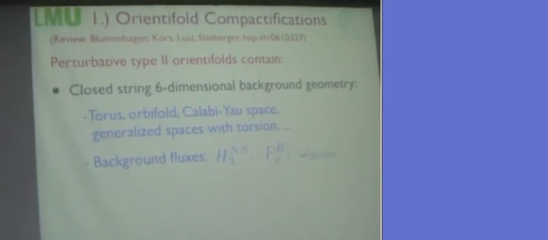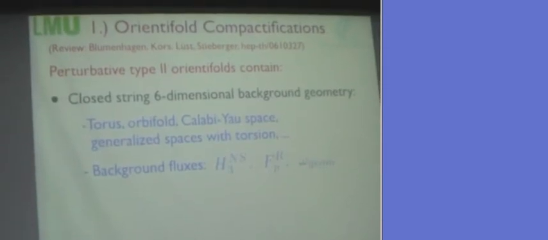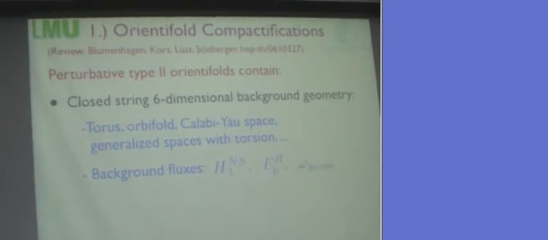So, what is the structure of Orientifold compactifications? At the perturbative level, first one has to choose a closed string six-dimensional background geometry, say, in the simplest case, a torus, an Orientifold, a Calabi-Yau space, or also generalized spaces with some torsion.